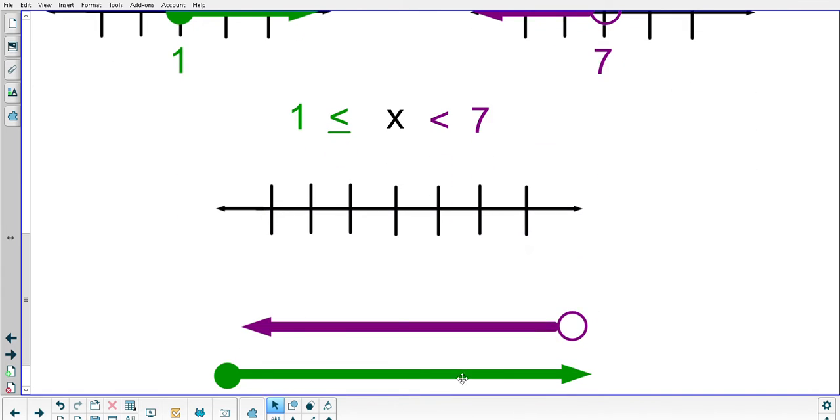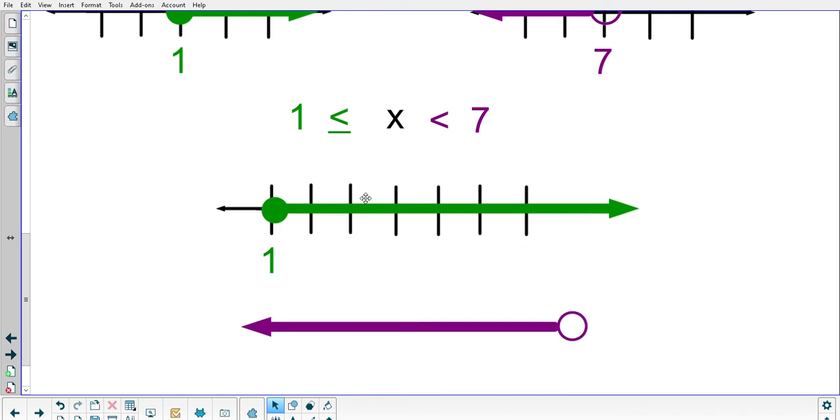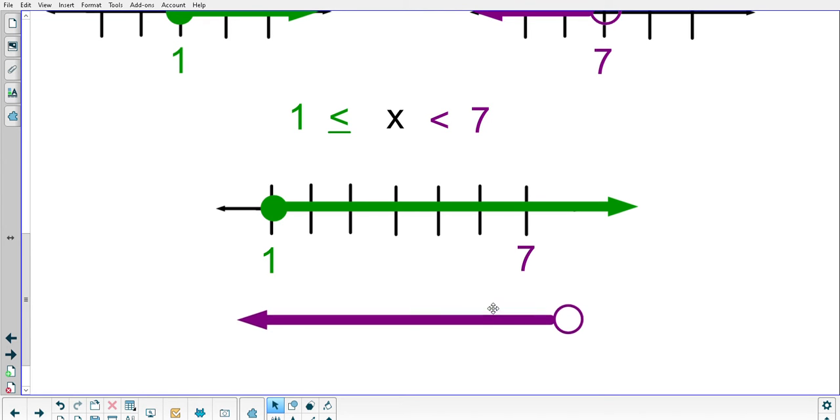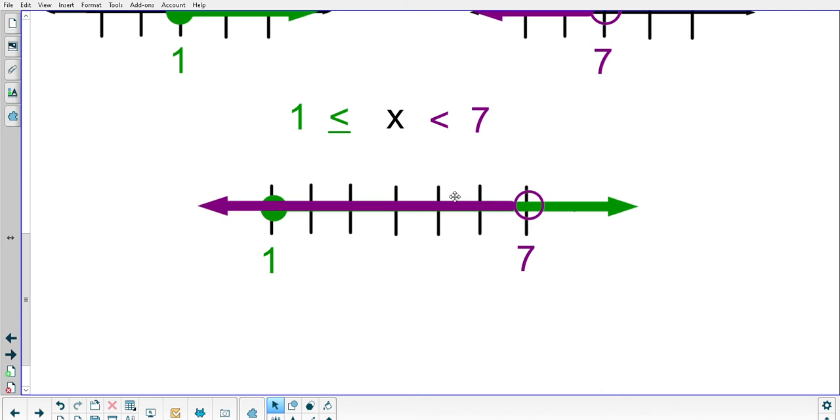When we take a look at these graphs, the graph of the first one is x is greater than or equal to 1. So here's what that looks like. The next one is x is less than 7. So here's our 7. Since it just says less than, we're going to use an open dot.